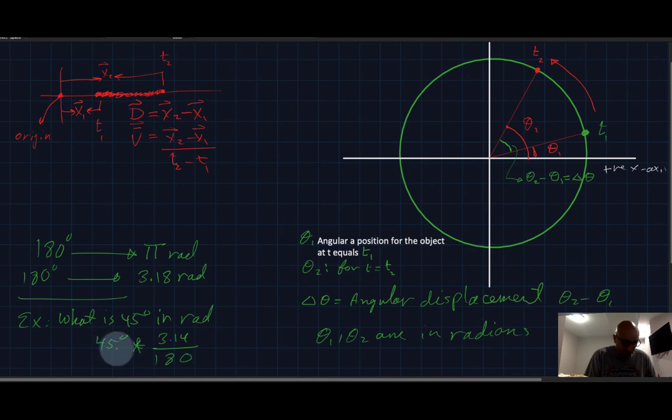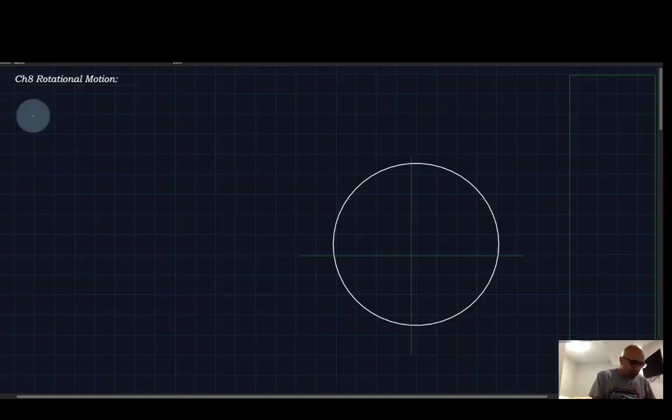So 45 degrees in rad is equal to 0.785 rad.